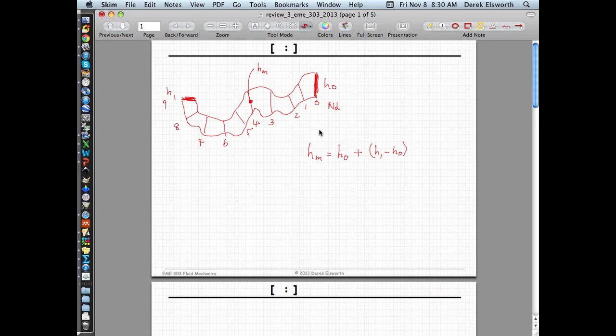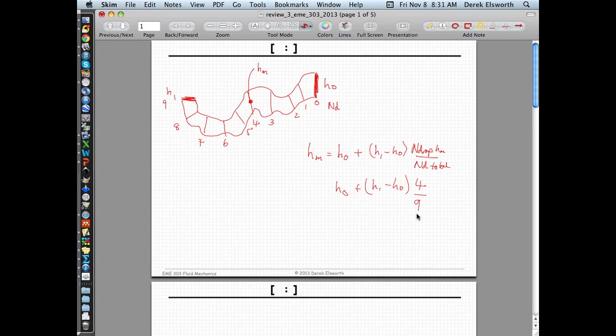And it's multiplied by the number of drops for HM divided by the total number of drops, ND total. So in other words, just to put numbers in it, 1, 2, 3, 4, and then divided by 9, right? 4/9. So in other words, you've dropped 4/9 of the head over the length.